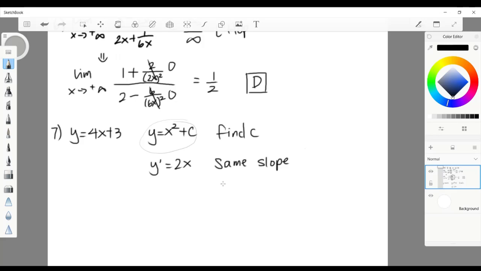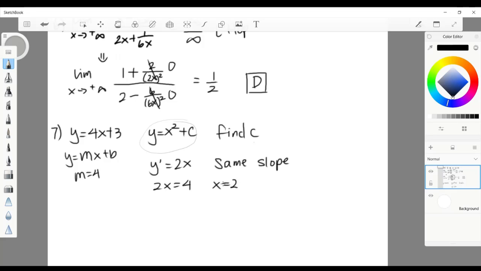at that particular point. In here, since this is in slope intercept form, y equals mx plus b, we can tell that m equals 4. Then we set 2x equals 4. We can find that x equals 2 at that specific coordinate.